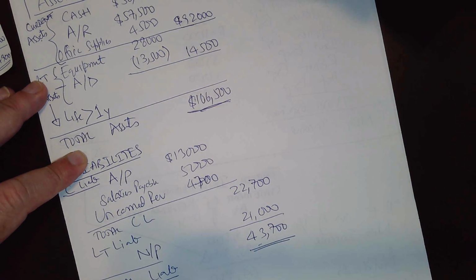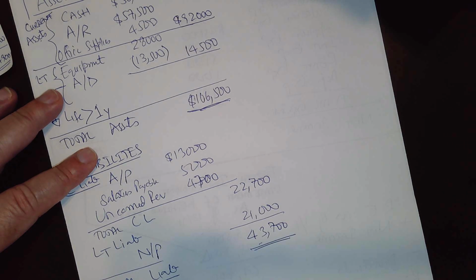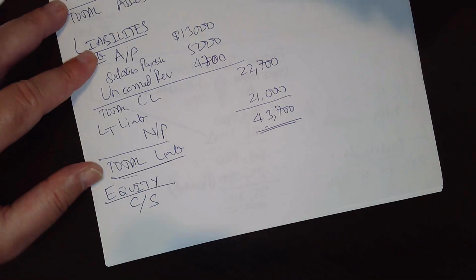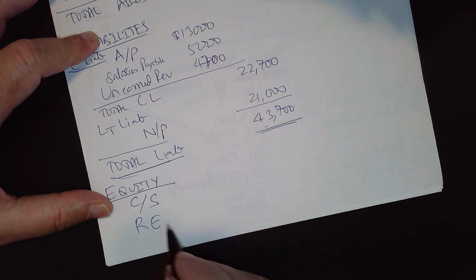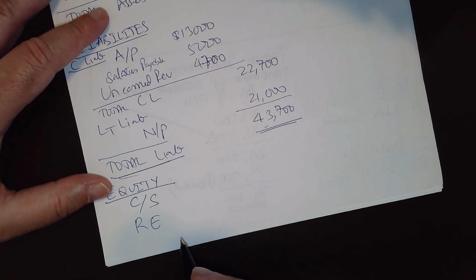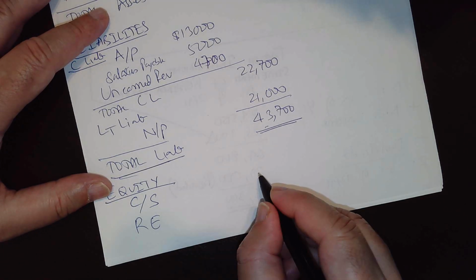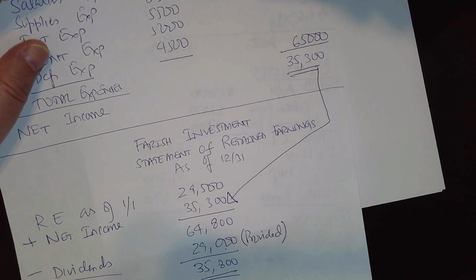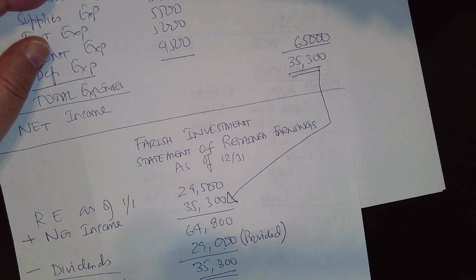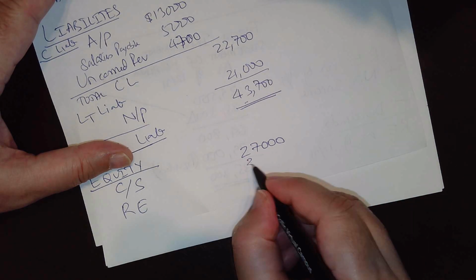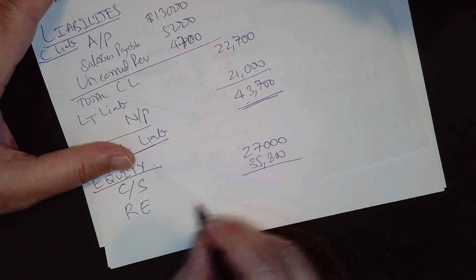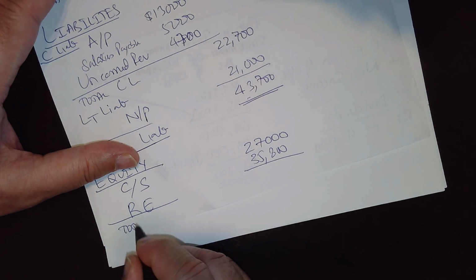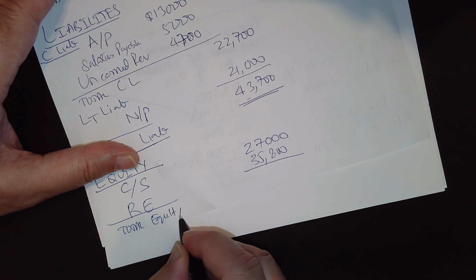Under equity we have two accounts: common stock and retained earnings. Common stock, we already know from the information given to us, is 27,000, and the retained earnings we just calculated on the previous page was 35,800. So we add 35,800, and the total equity turns out to be 62,800.